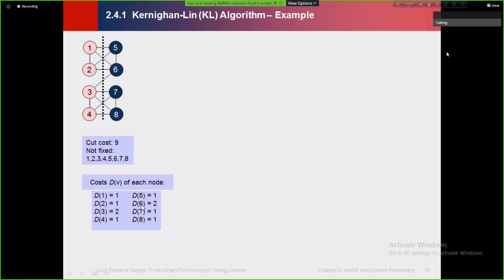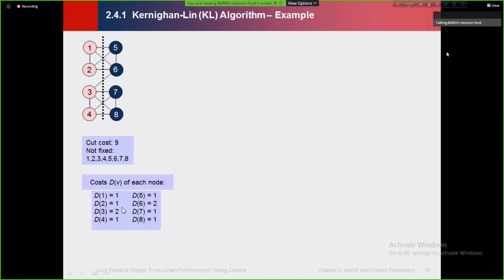Normally we want to swap and then we calculate the gain, that means how much profit we get by swapping these two, understand? So now we need to calculate the gain, and the calculation of gain is a different formula.